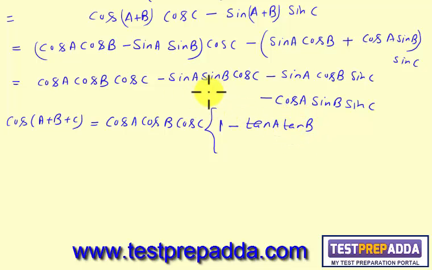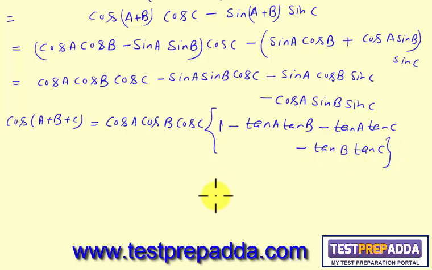Got it? Similarly here, cos B is there. And since we are taking cos A cos B cos C common, here I need to divide cos A cos C. So it becomes minus tan A tan C. The last term will become tan B tan C. Okay.